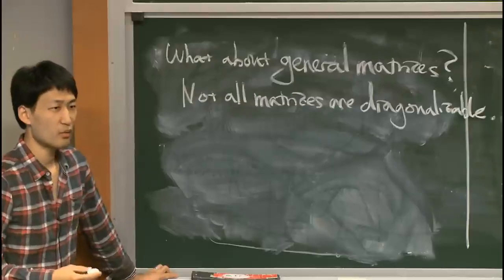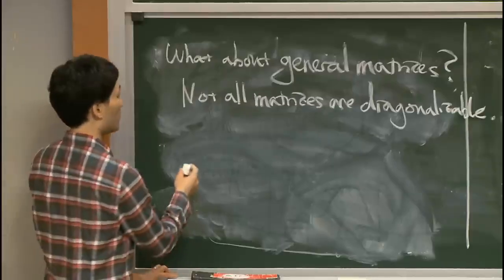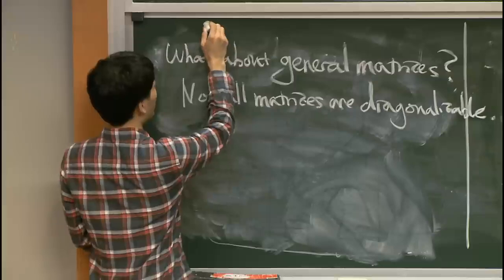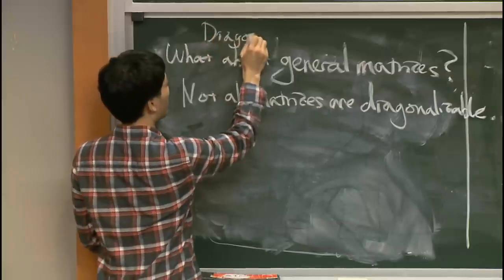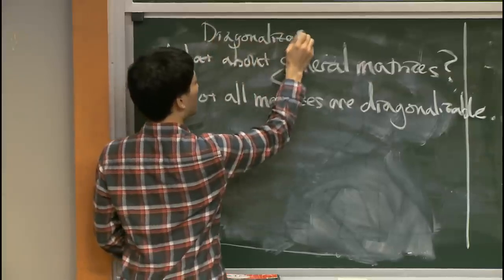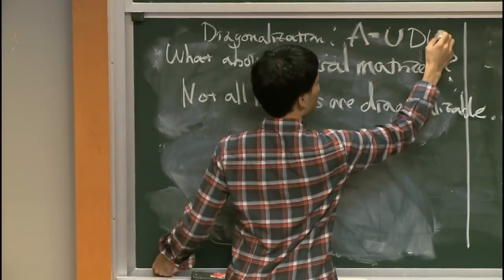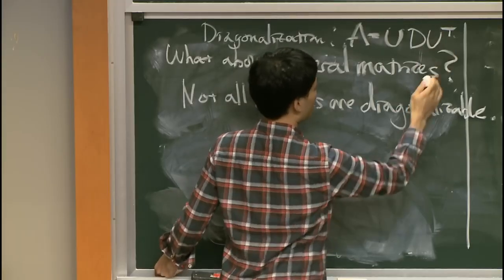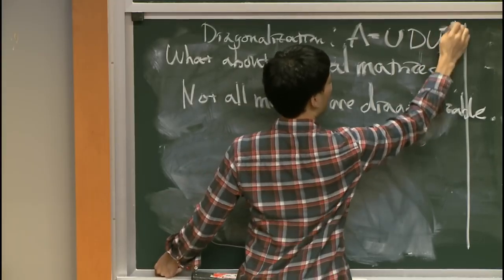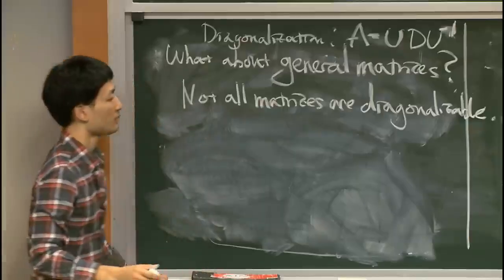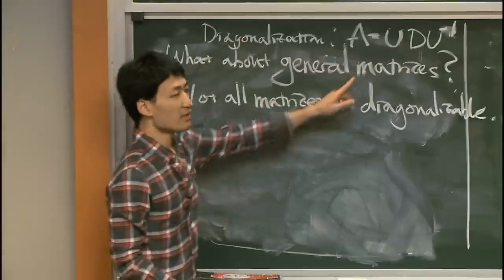But sometimes we still want a decomposition like this. Diagonalization was A equals U times D times U transpose, or U inverse. But we want something similar.